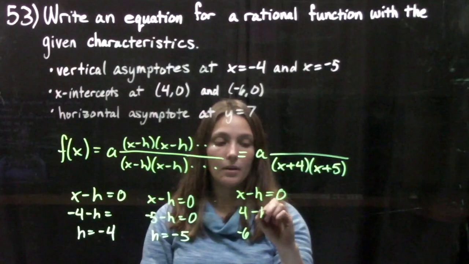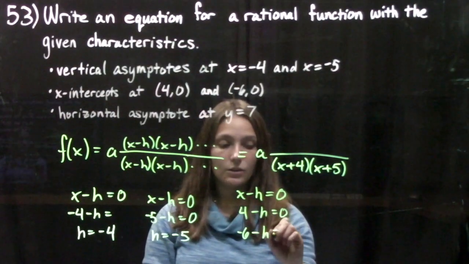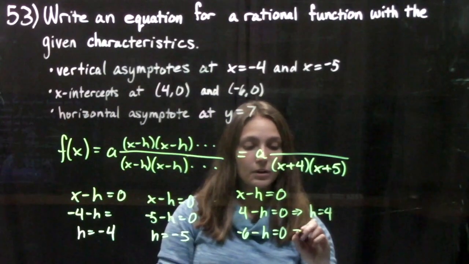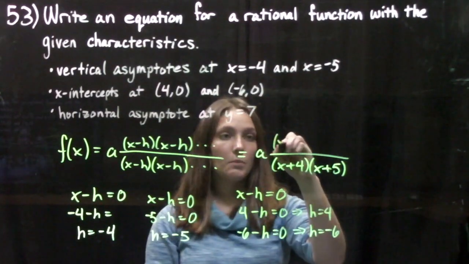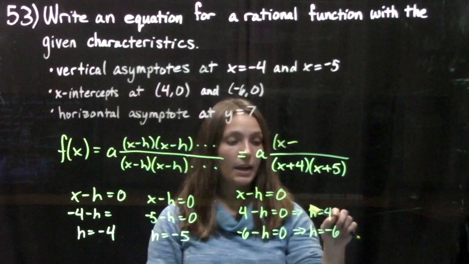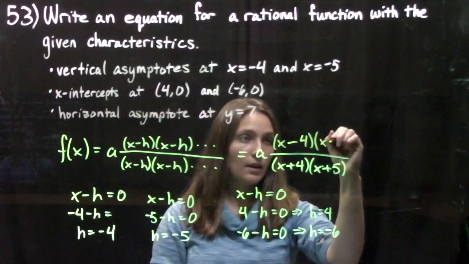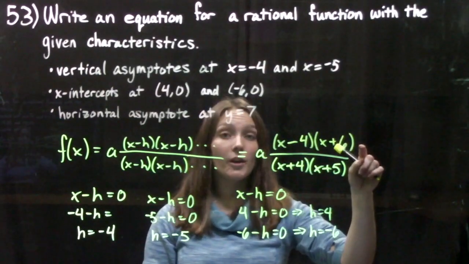So 4 minus h is going to be equal to 0, and -6 minus h is going to be equal to 0. And from these, we get that h equals 4 and h equals -6. So when we plug those in, we have x minus 4, and then we have x minus a -6. Cool, so now we've found our numerator and our denominator.